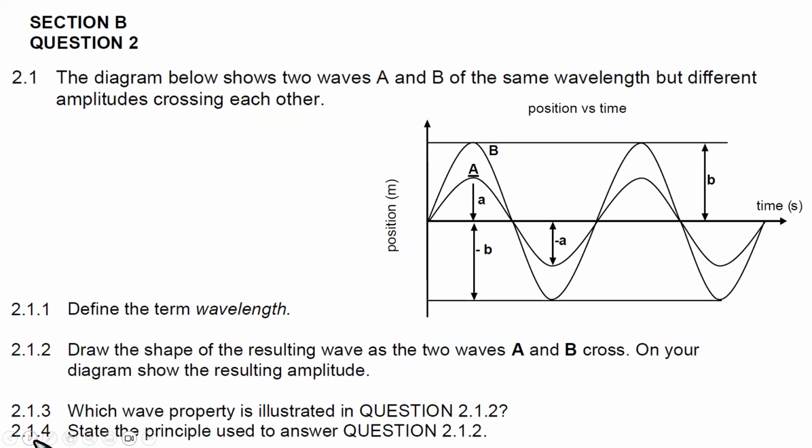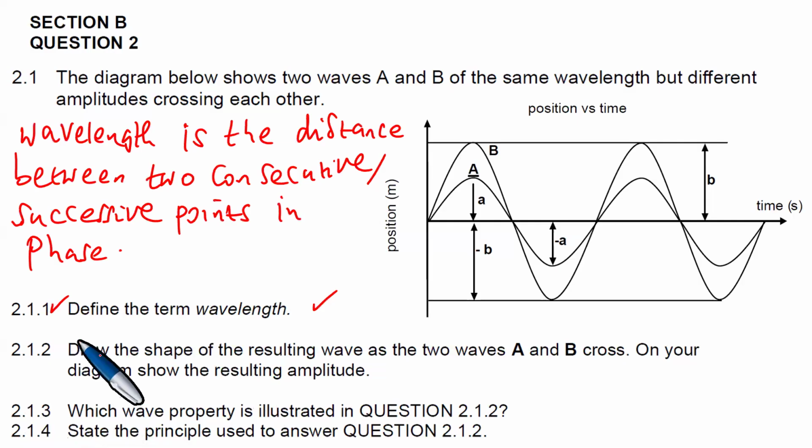In the next question, they're saying, draw the shape of the resulting wave as the two waves A and B cross. On your diagram, show the resulting amplitude.